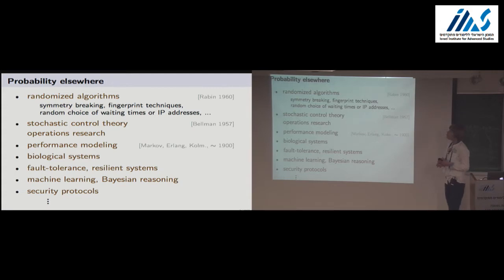In this context, often one uses probabilities to specify some assumptions about the environment. Biological systems, then one often uses some kind of continuous time model, for instance, to describe the continuous evolution of some gene population, things like that. Or fault tolerance, to reason about the probabilities, the likelihood of failures, and so on.